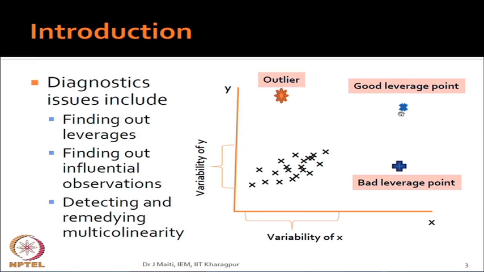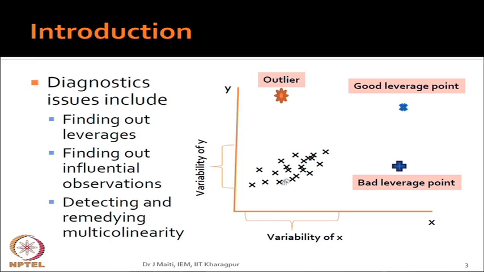This good leverage point is one which lies almost on the straight line, the regression line. Although it is far away from the general mass of the data points, from the regression point of view it lies almost on the regression line. So, it may be representing something different which will help in understanding the behavior of the system. That is why it is good.